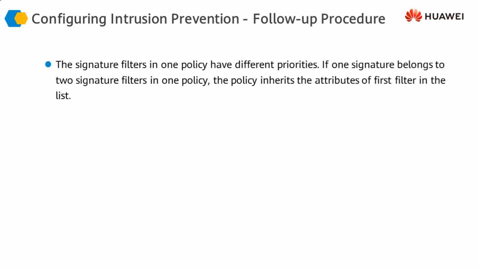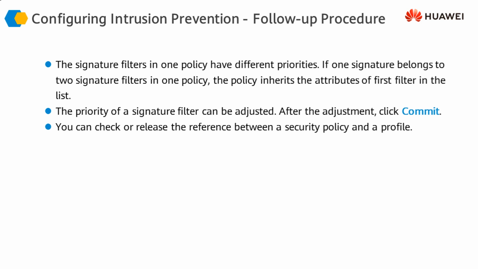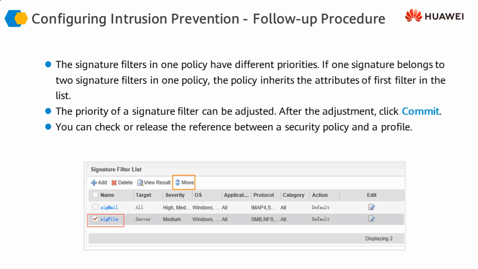And as a follow-up procedure, within the signature filter list, we can move the signatures up or down. If we have multiple signatures configured within a signature filter list, we can move those signatures up or down, because whenever a signature is part of different lists, the signature which is higher in the list is going to be matched, or the action of that signature is going to be applied.